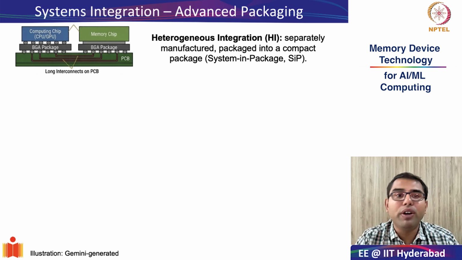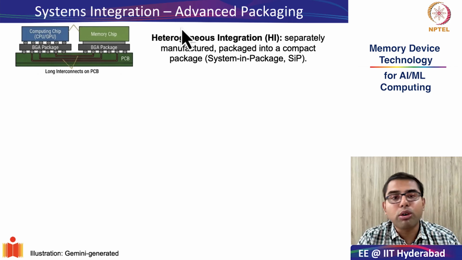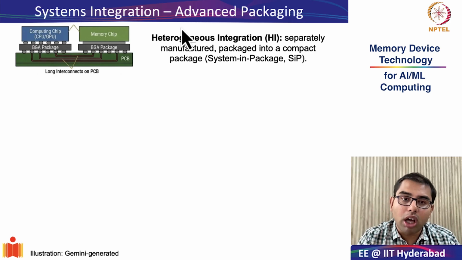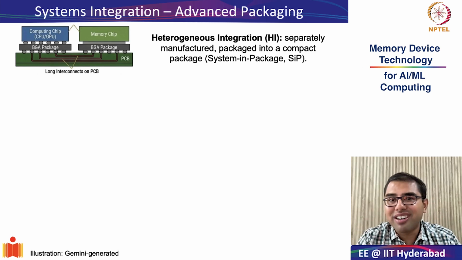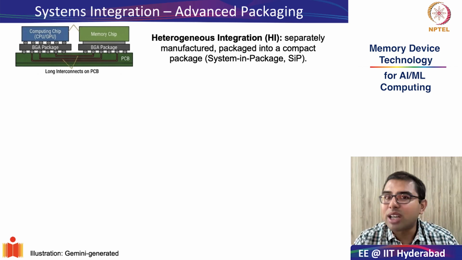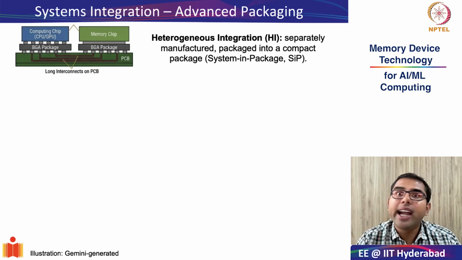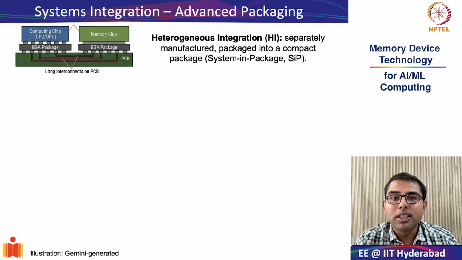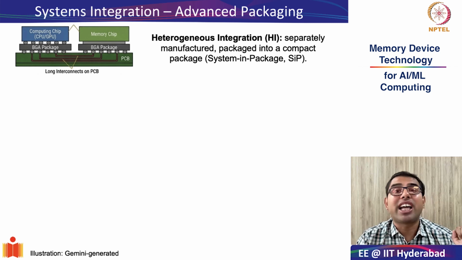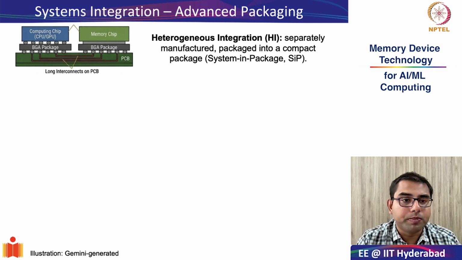And we discussed briefly in our course that heterogeneous integration is a very interesting packaging technology where completely separately manufactured dies, and we gave the example of a DRAM chip made in South Korea by SK Hynix and a logic chip made by Intel in the US, are brought together in Singapore and packaged into a compact system in package, or SiP.